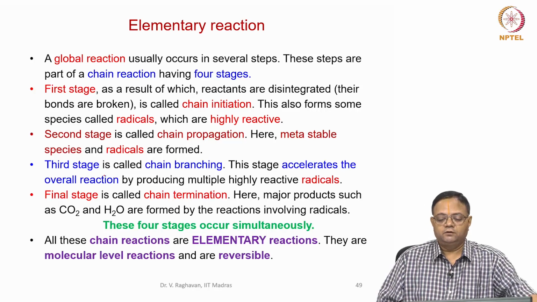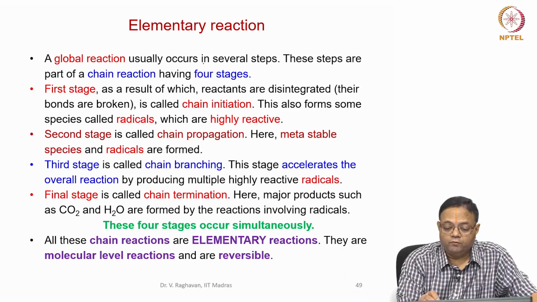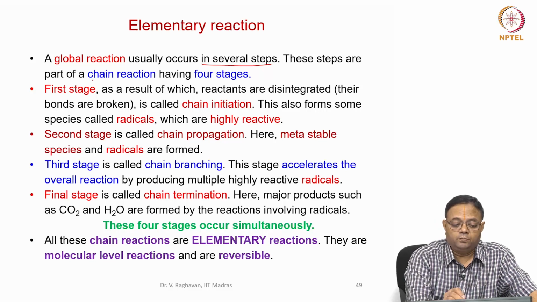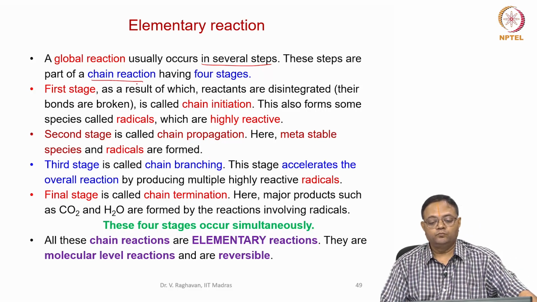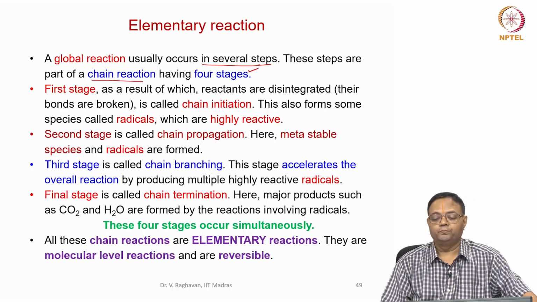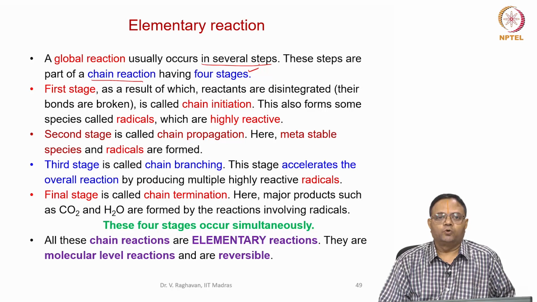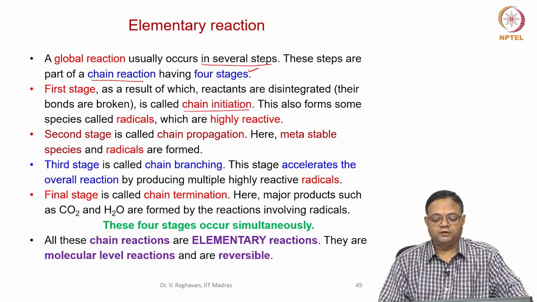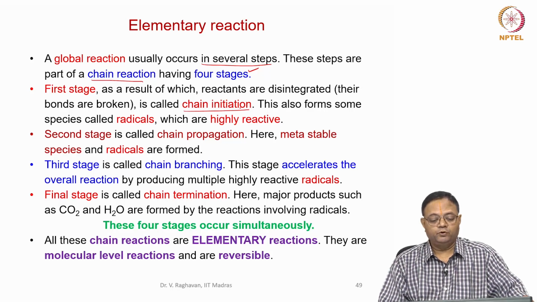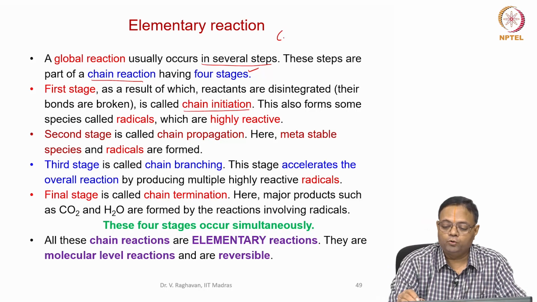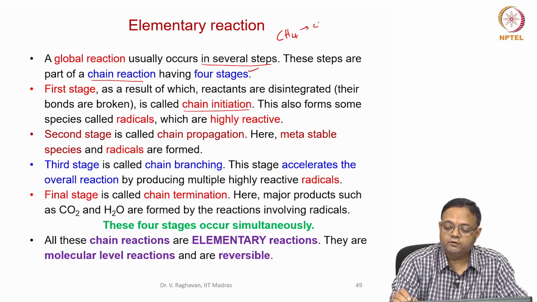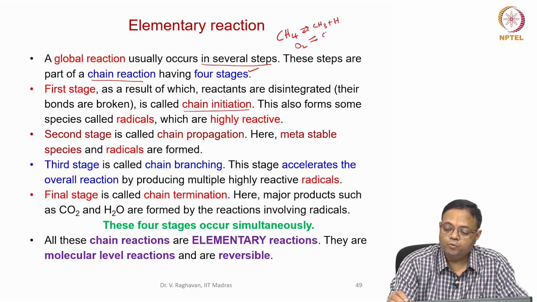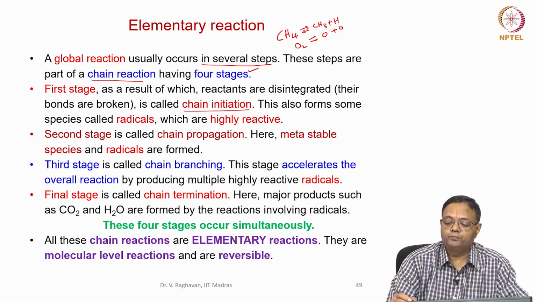The global reaction takes place in several steps, which are part of a chain reaction. The chain reaction has 4 stages. What happens in the first stage? The first stage is called the chain initiation step, where the reactants are first disintegrated. As I told you, CH4 giving CH3 plus H, something like this. Similarly, O2 giving O plus O, and so on.